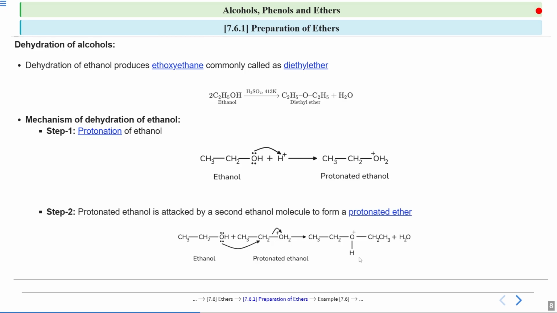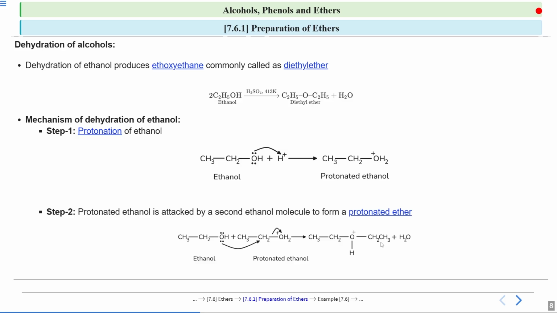So now we have formed a protonated ether. See here, CH3CH2O, with this hydrogen, and your CH2CH3 group has been attached and water has left, and this oxygen now has a positive charge. So see here, ether has been formed. One side you have an alkoxy group, the other side you have an alkane group. On both sides there is CH3CH2.